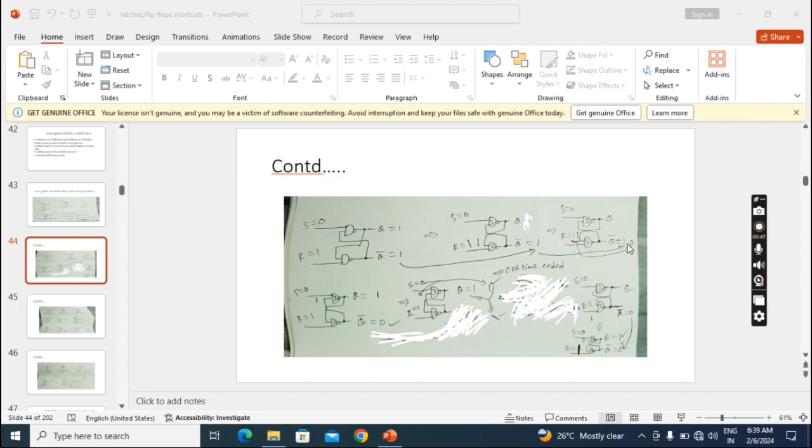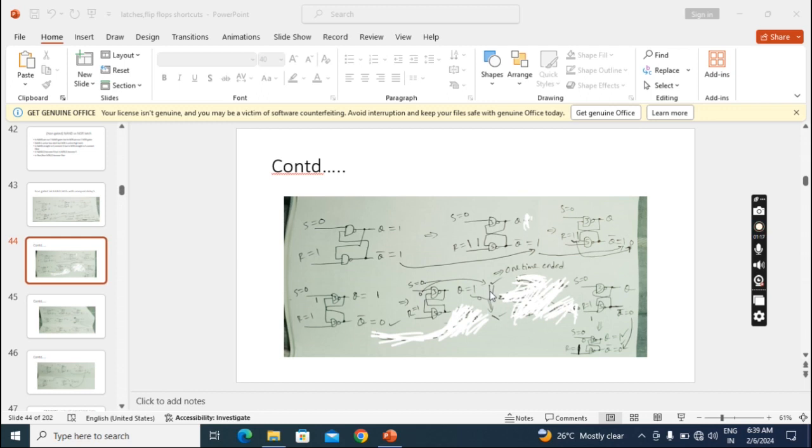Now there are two outputs. First, this existing output I have to feed back to this gate. So I fed back this existing output 1 to here. Now if any one input is 0, then I will get 1. Then again I have to feed back this 0, because this is also an output now. When I feed back that 0, I am also getting 1.